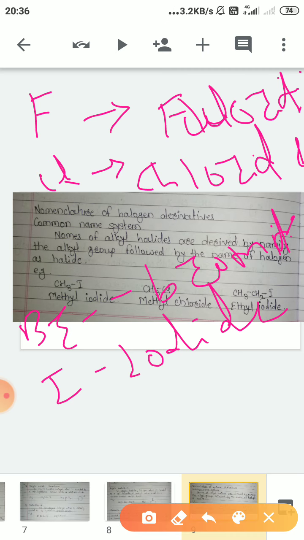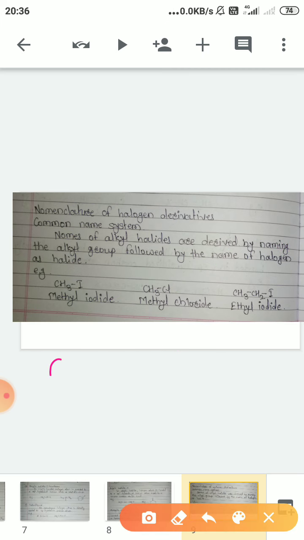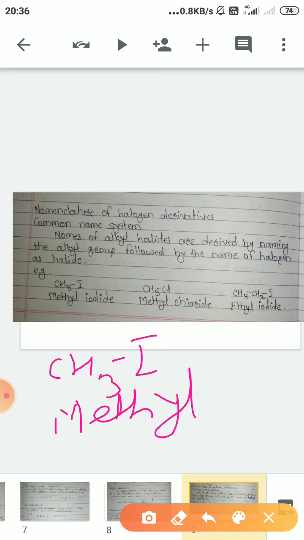Now see examples. We have taken the example of CH3I. CH3 is nothing but the methyl group, and iodine we write as iodide. Therefore the name of the compound is methyl iodide. If chlorine is there, then the name will be methyl chloride.